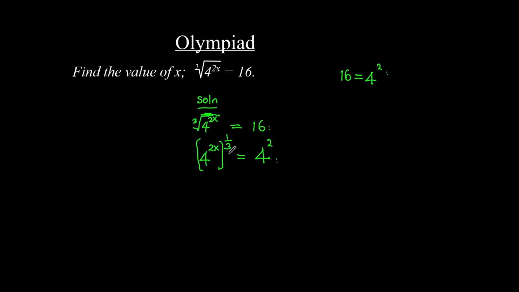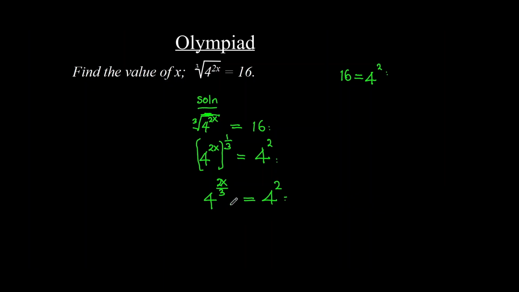Now, when you look at this, there is an indices rule that says if you have a number raised to a power and then raised to another power, the powers or indices multiply. So if we do that, we have 4 to the power of 2x over 3, and this must be equivalent to 4 to the power of 2.